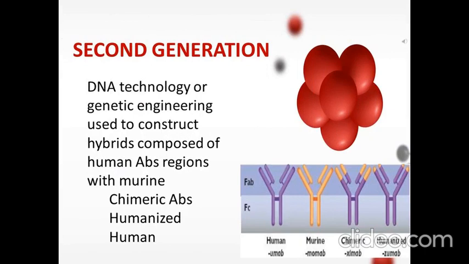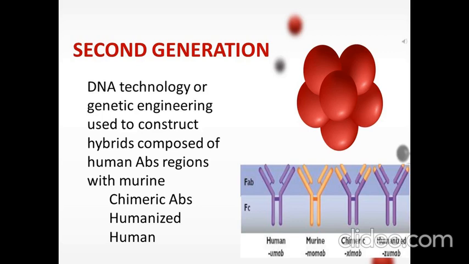To overcome the problem of murine monoclonal antibody, there occurred the introduction of second generation monoclonal antibodies. The second generation monoclonal antibody productions are completely based on DNA technology or genetic engineering. With the help of this technology, there occurred the construction of this type of antibodies by using a hybrid composed of human antibody regions with murine.